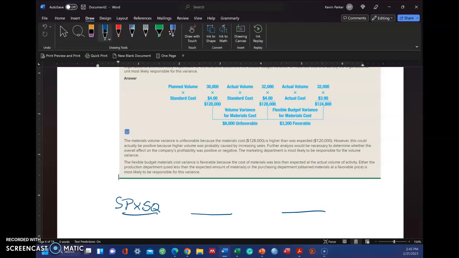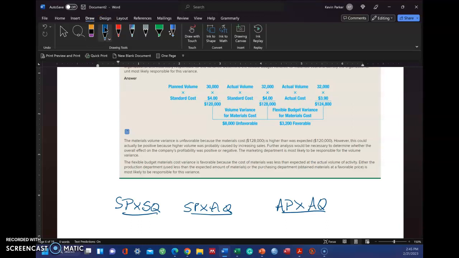On this middle section, we're going to multiply it times standard price, and now we're going to have actual quantity. And then over here, we're going to have actual price times actual quantity. And this is my abbreviations.